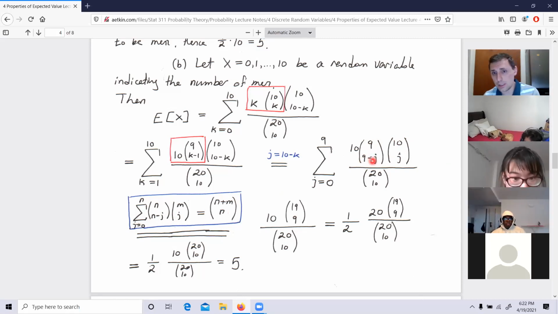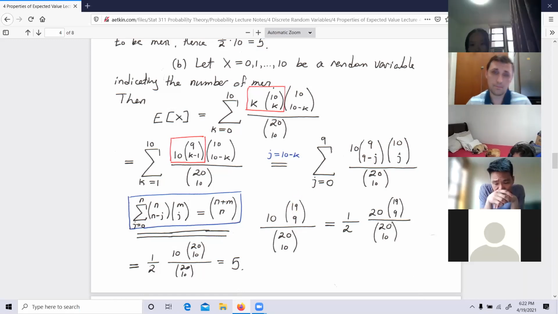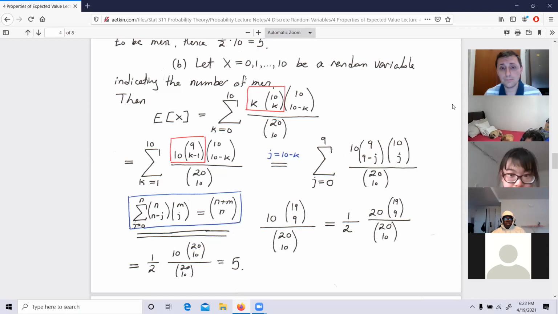This is category 1 and this is category 2, and we choose a committee of size 9 from 19. So it's 10 times 19 choose 9. So this full summation reduces to 19 choose 9. Do you see that? So it's 10 times 19 choose 9.